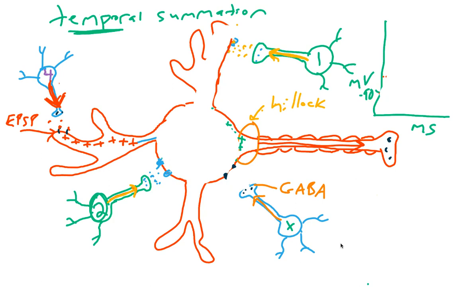And what happens is they add in time, and it can be enough that you now get a bigger wave of positive energy traveling towards the hillock, and it takes our cell in red from this rest. The positive charge adds, another action potential fires, right? And you hit threshold because of all of those firings, and you get your action potential that's now going to spread down this cell. So that is temporal summation.